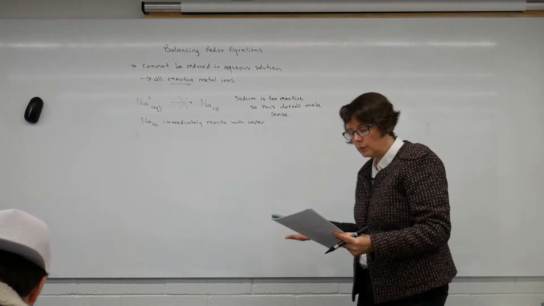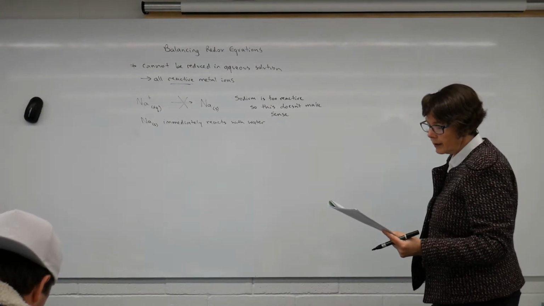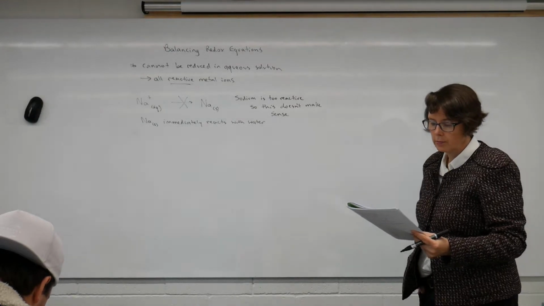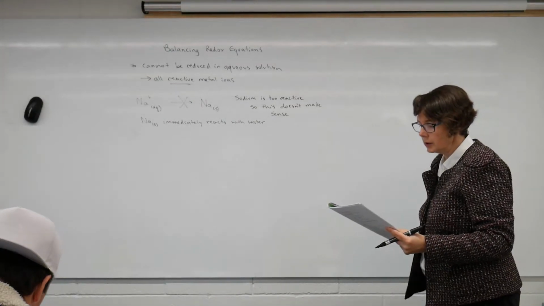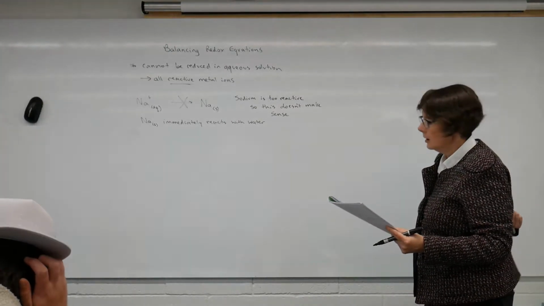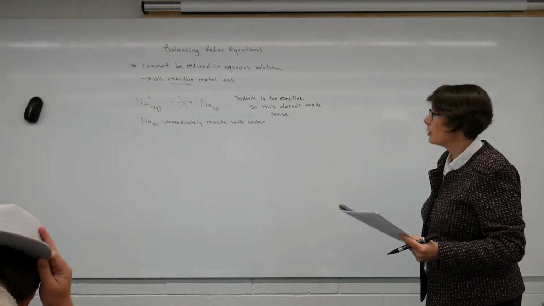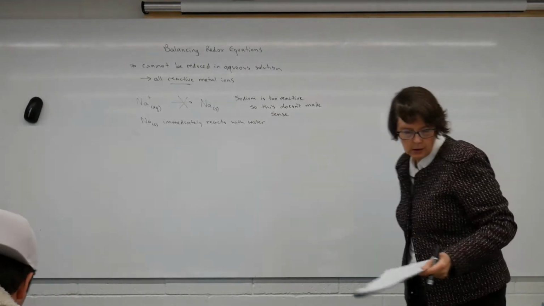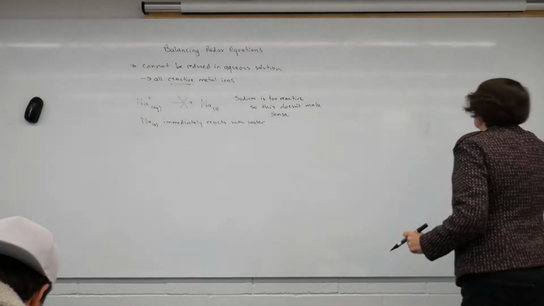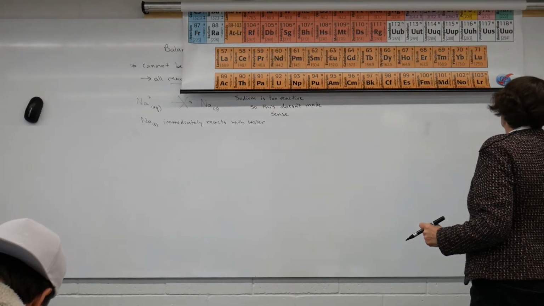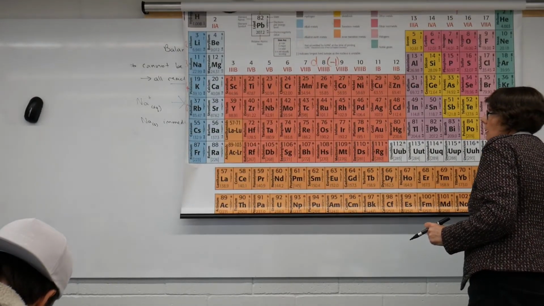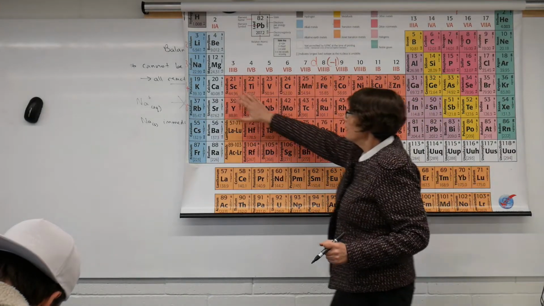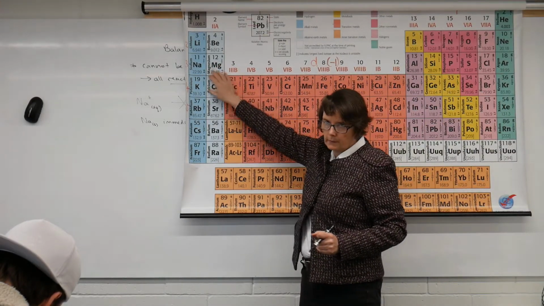So all of our group 1 metals, plus magnesium, calcium, barium, aluminium ions, and strontium ion. So we've got a couple of our group 2 metals as well. We have to look at our periodic table. We can see where calcium and magnesium are.